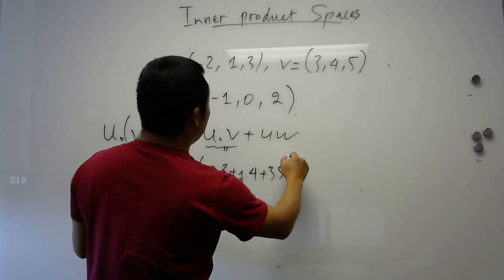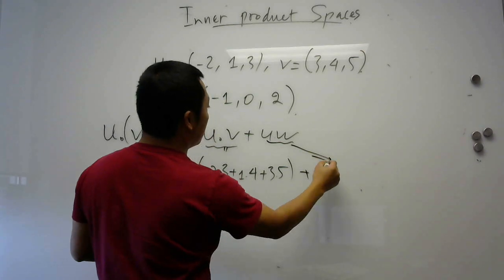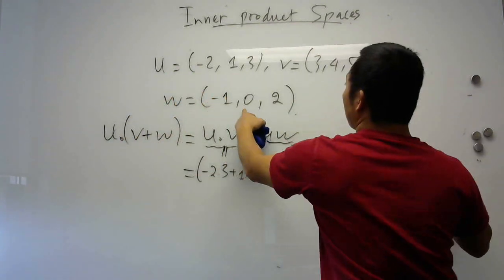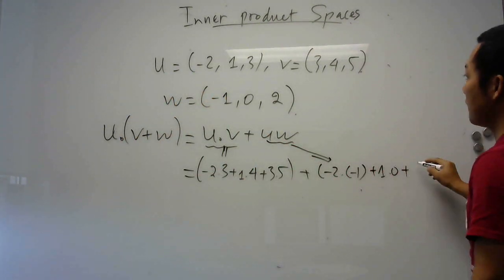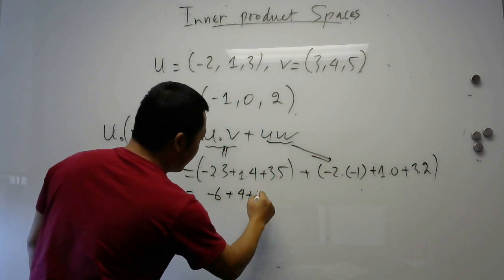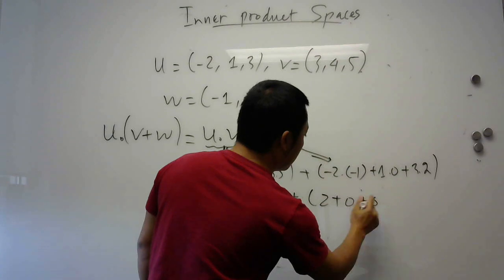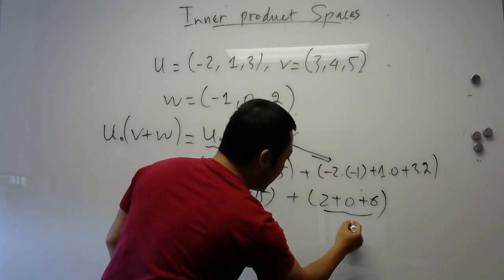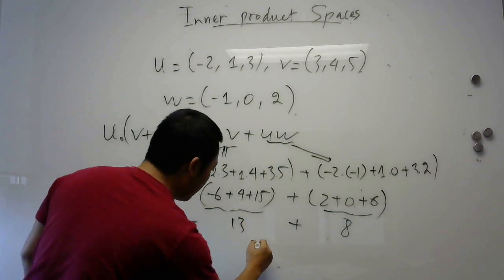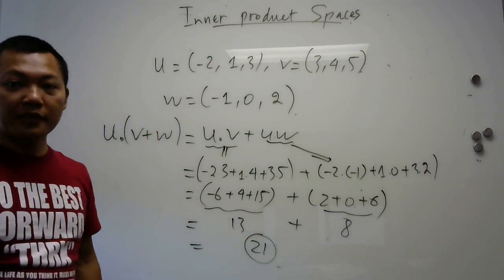And for the second one, I would get -2 times -1, plus 1 times 0, plus 3 times 2. So basically you get -6 plus 4 plus 15, plus 2 plus 0 plus 6. Here you get 13, and here you get 8, so basically you get 21. It's not a big deal.